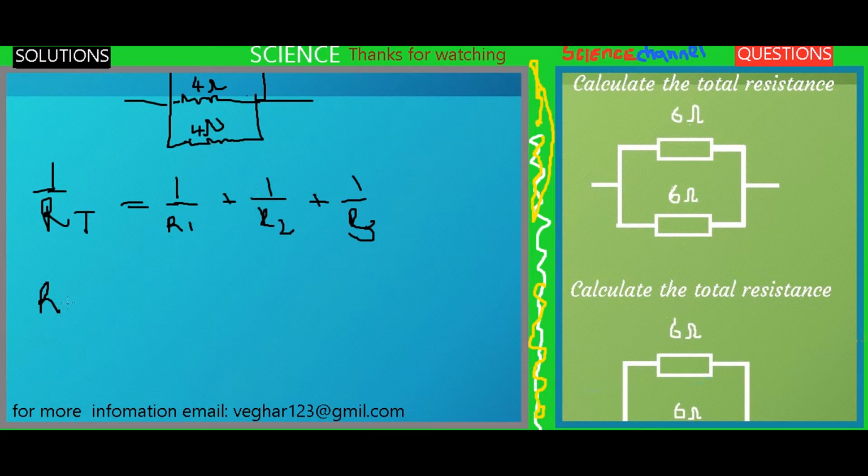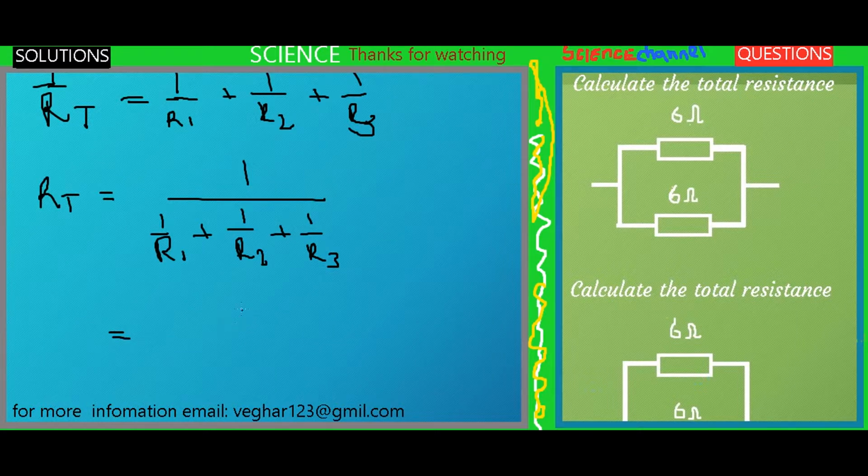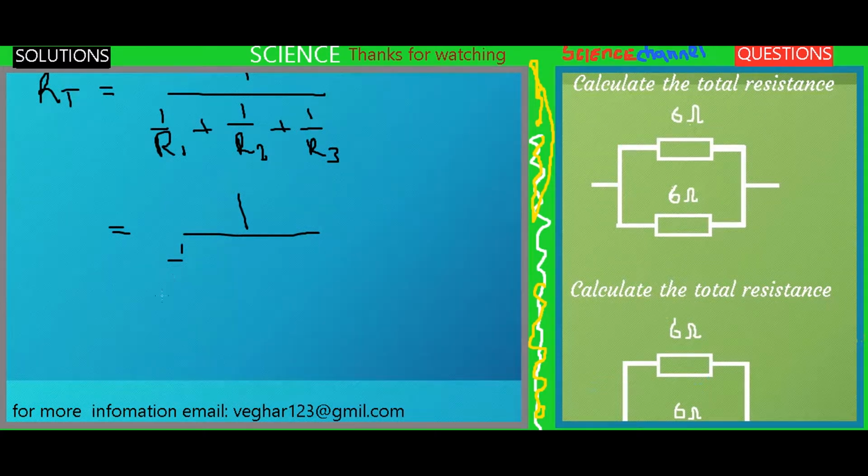So invert, and I have something like this to remove the one on top there. I'll put 4. So the resistance here will be smaller than all of them.